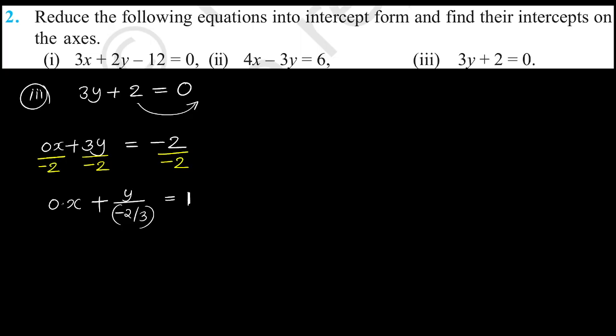So anyway, I got this equation: 0 by minus 2, which is 0, plus y by minus 2 by 3, equal to 1. Here there is no issue with the 1, but it is not in the form x by a plus y by b equal to 1. The y by b and the right side 1 are okay, but currently I don't have x by a.